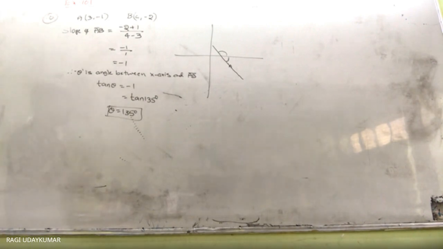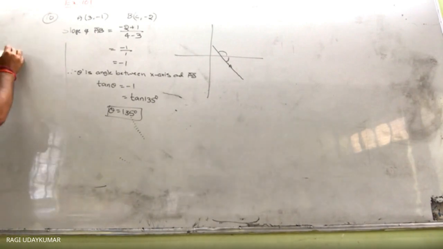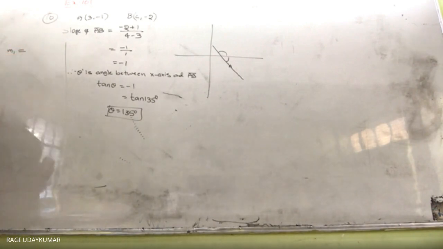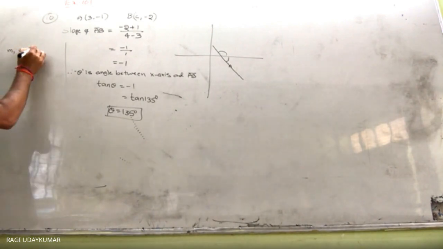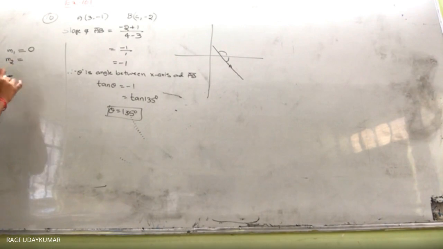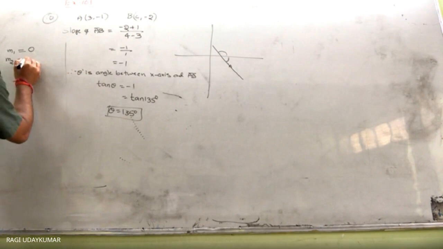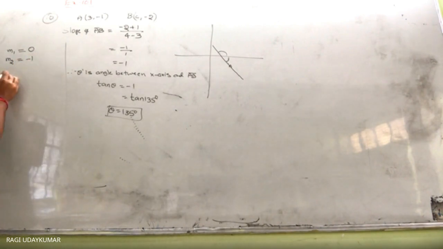So let me clarify your doubt. Suppose the same problem is solved like this. Consider the slope of the x-axis as m1. What is the slope of the x-axis? The slope of the other line, the angle between the two lines you are having, consider m2, that is -1. So what is the tan theta formula?